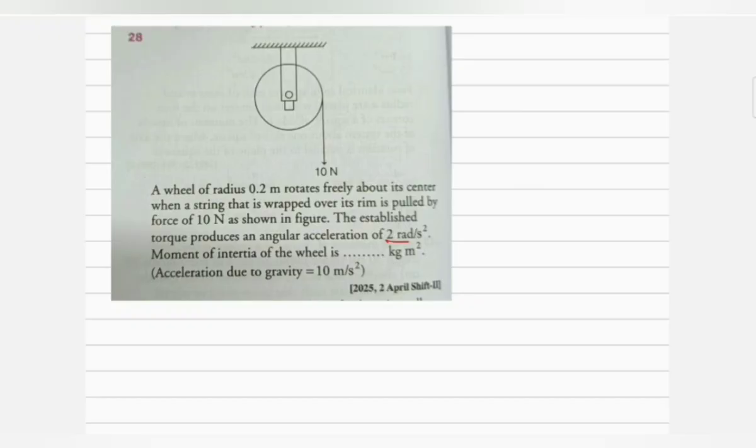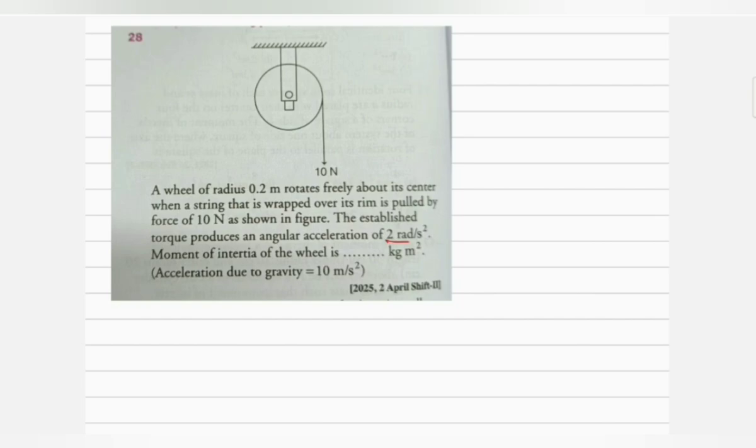A wheel of radius 0.2 meter rotates freely about its center when a string that is wrapped over its rim is pulled by a force of 10 Newton as shown in the figure. The established torque produces an angular acceleration of 2 radian per second square.